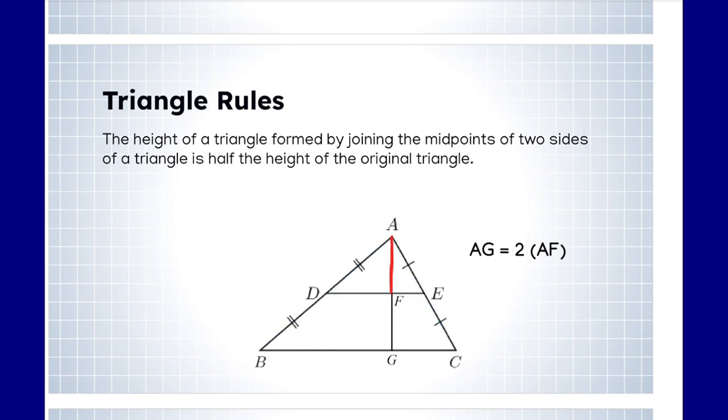So AF is half the height of AG, or AG is twice as long as AF, when we create the two triangles from that midpoint line segment DE.